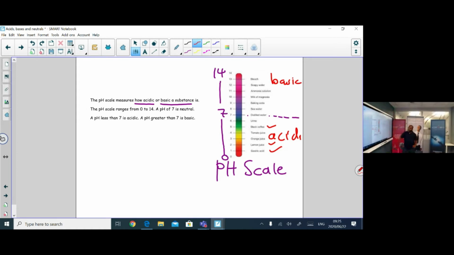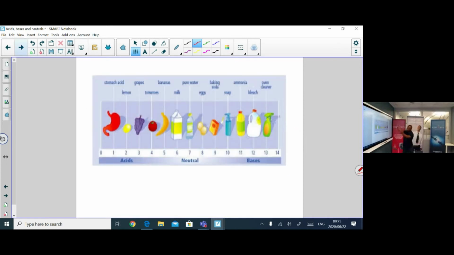So let's remember these colors. The pH scale is there with diagrams of the same items that we're mentioning. Your bleaches, I'm sure. Where does my sanitizer fall under?